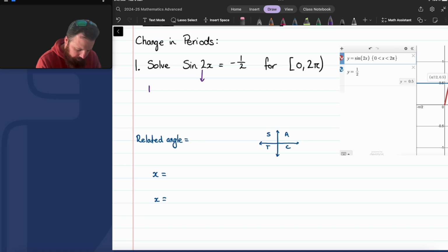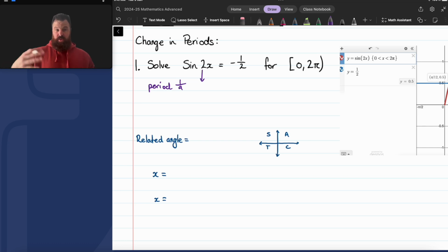Well, we know that the period of a curve was 1 on a, 1 on whatever number is multiplying that. So here we have a half. Because I have a period of a half, instead of my normal sine curve going between 0 and 2 pi or 0 and 360 degrees, that's now reduced by half.